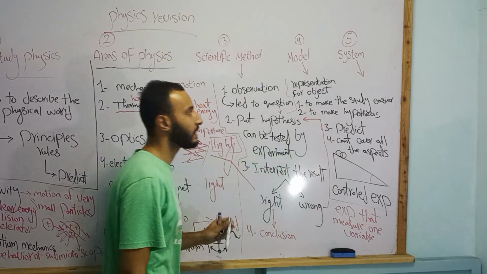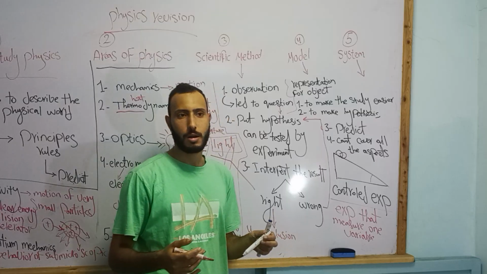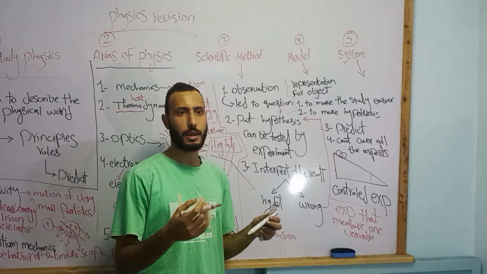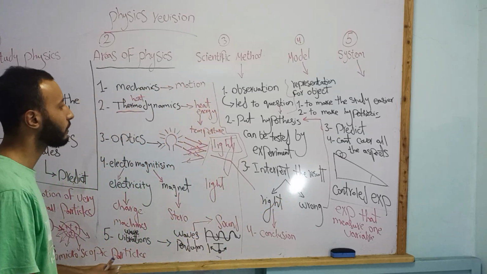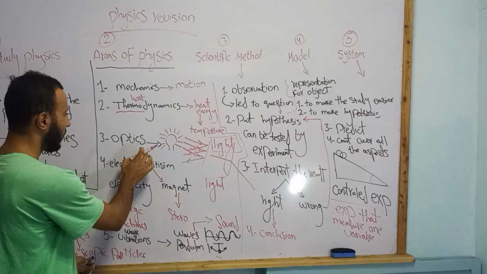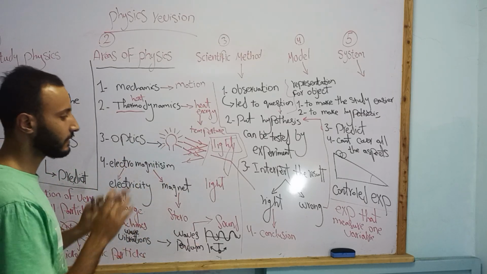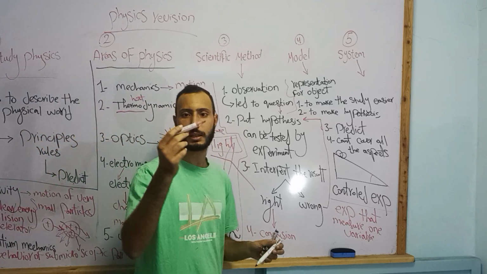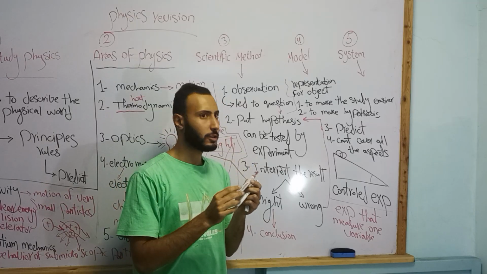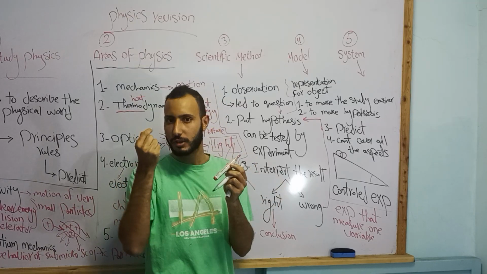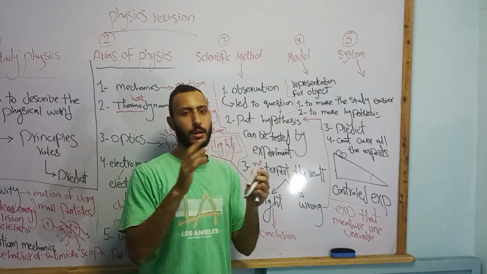And number 5, which is system. What do I mean by system? I mean if you have more than one model or more than one object in one area. Like for example, this board. This board contains wood and contains this flat board. So this is a system. And this pen also contains a cover and contains ink. So this is a system. So any object that consists of many other small objects is a system. Like the solar system consists of planets, moons, sun.